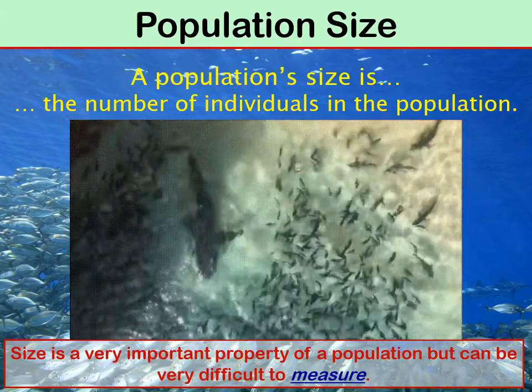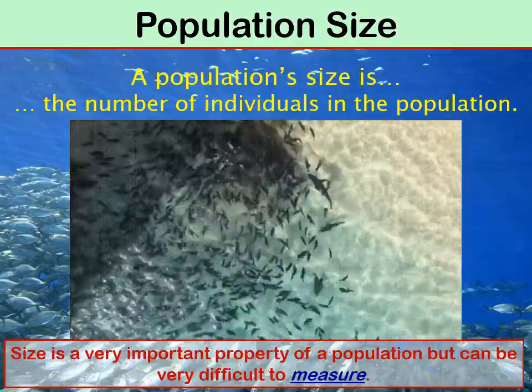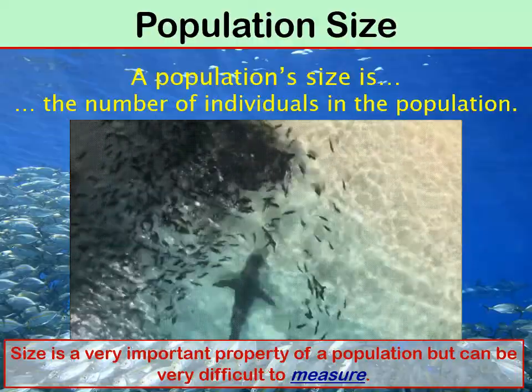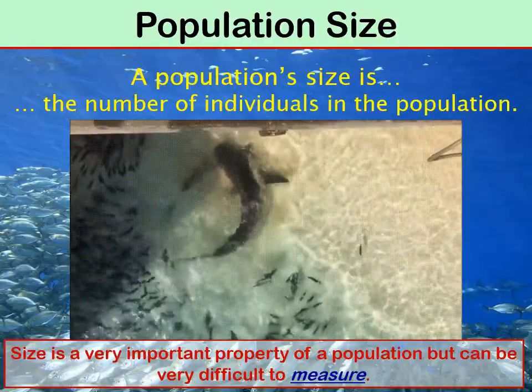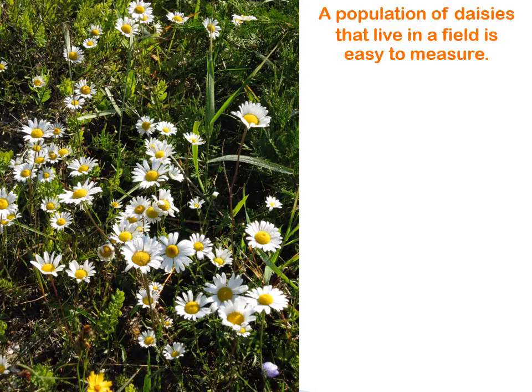Right? So you can see how the fish are constantly moving, and so trying to count them one at a time would be incredibly difficult, especially with a predator around. So imagine having a population of daisies that live in a field. This is a little easier to measure because these guys are not moving around.